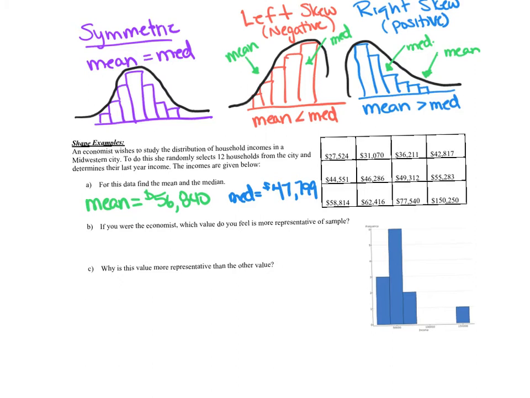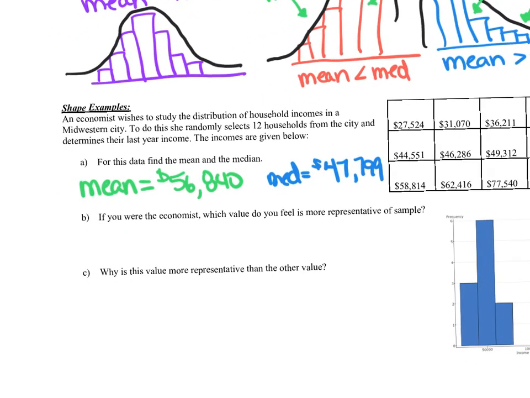If we were the economist, which value do you feel is more representative of the sample? Well, look here at the mean and the median. The mean is a lot bigger than the median. Our mean is greater than the median, which tells me that this distribution is skewed.